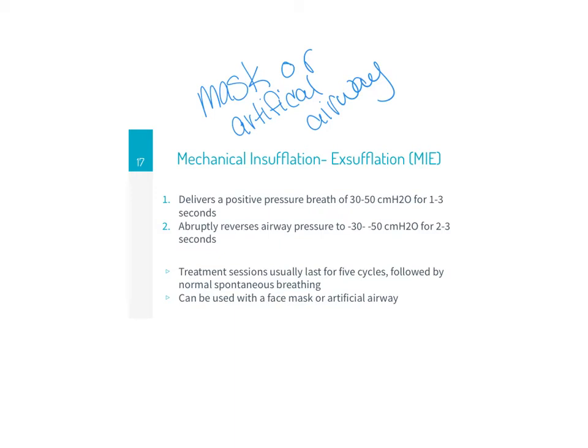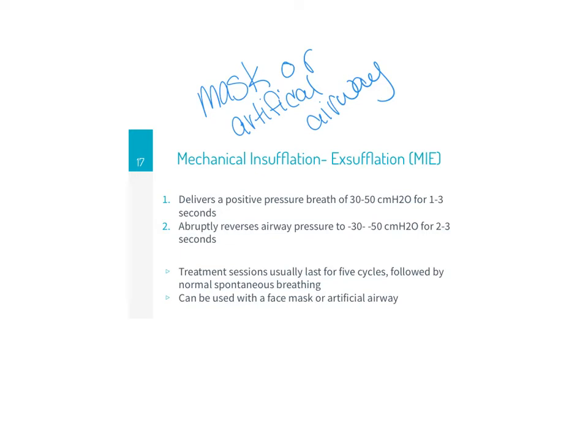So what it does is it delivers a positive pressure breath first, so inspiration of 30 to 50 centimeters of water pressure for about 1 to 3 seconds. And then abruptly, it's going to suck it out. So on expiration, it's going to reverse that pressure.